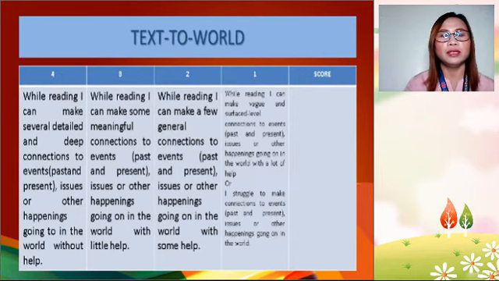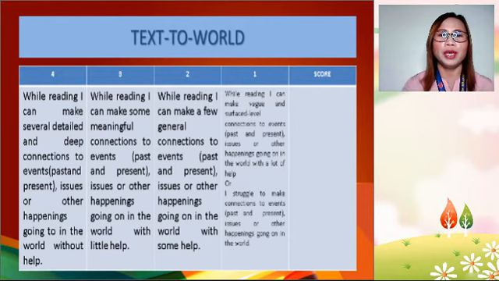For text to world, 4 points if, while reading, I can make several detailed and deep connections to events past and present, issues and other happenings going on in the world without help. 3 points if, while reading, I can make some meaningful connections to events past and present, issues or other happenings going on in the world with little help. 2 points if, while reading, I can make a few general connections to events, past and present, issues or other happenings going on in the world with some help.